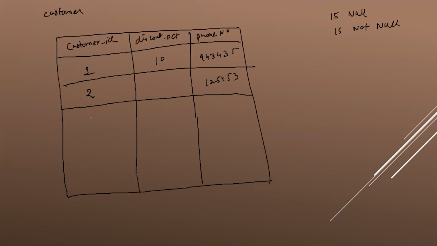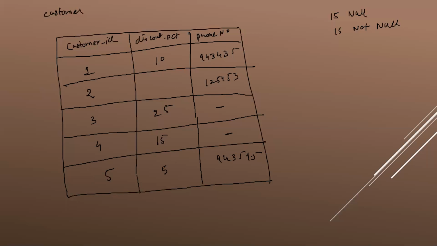Customer number 3 has a discount percentage of 25, but the phone number is not there. Customer number 4 has a discount of 15%. Phone number is not there. Customer number 5, the discount is 5%. The phone number is 943595.